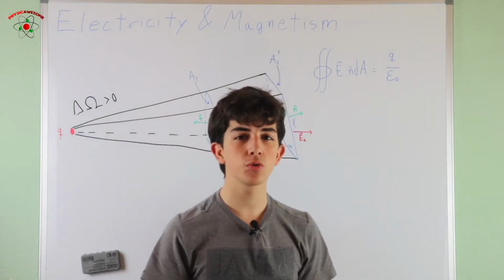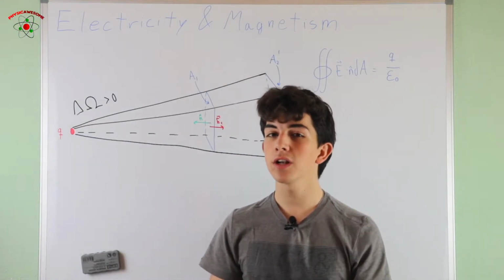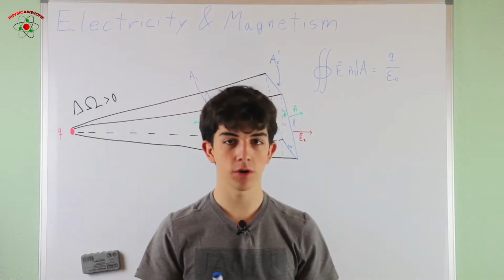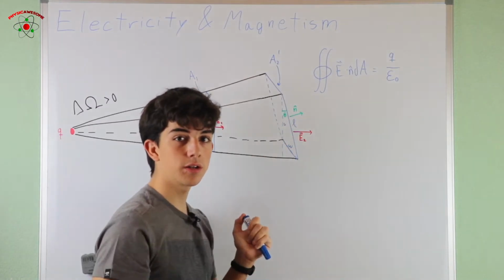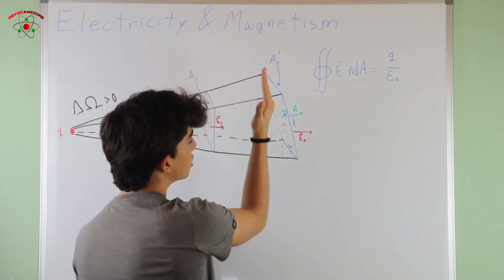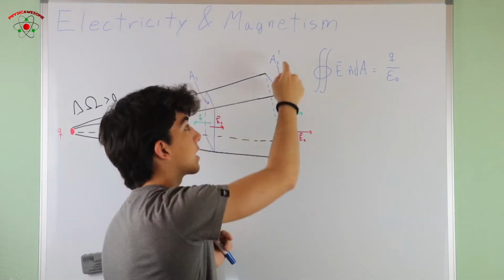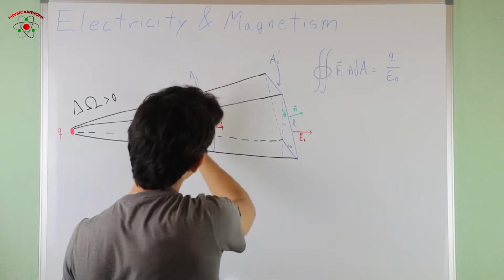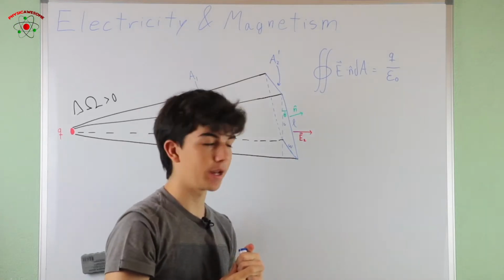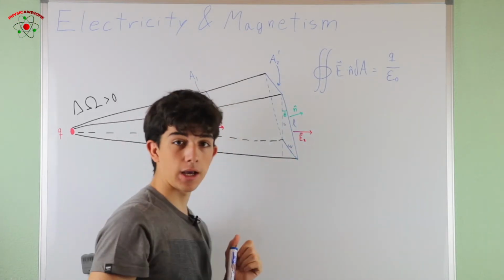Now we're going to carry out a generalization of what we had before. We're going to have our surface a little bit changed, and we're going to make this last A2 have an angle with respect to the surface A1. This angle is going to be theta.